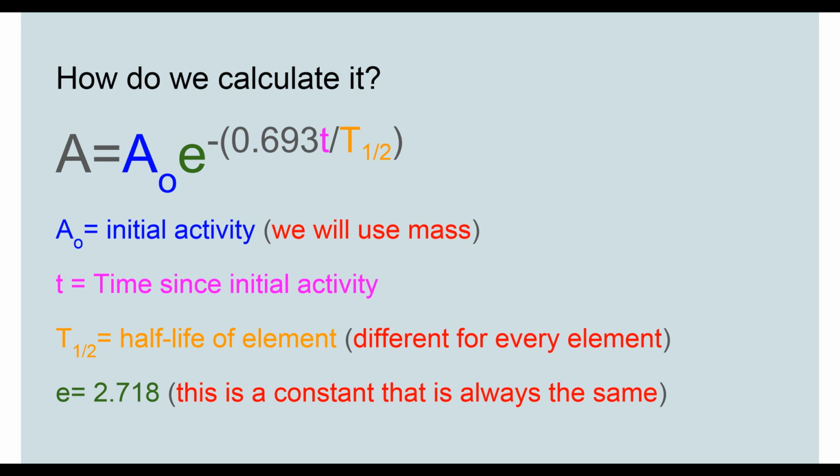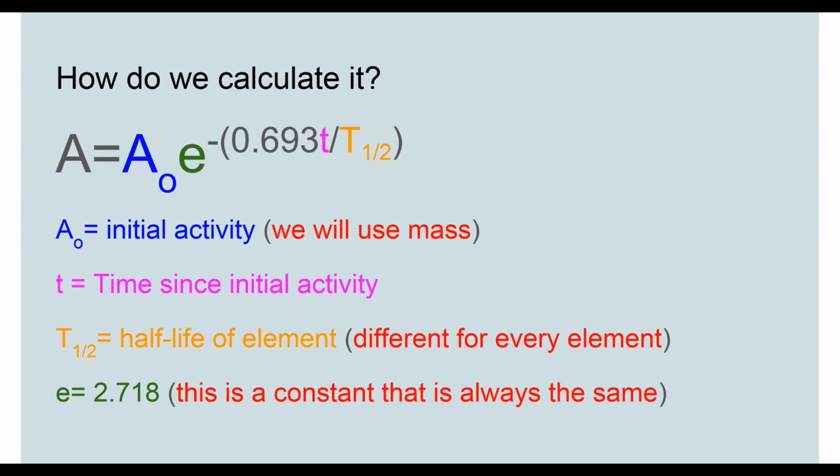And then we have our t, and then subscript half. This isn't actually part of that equation. This is a representation saying half-life of the element. Alright, so if the half-life is 10 days, we put 10 days. If it's 20 minutes, we put 20 minutes. Okay? That's the idea.